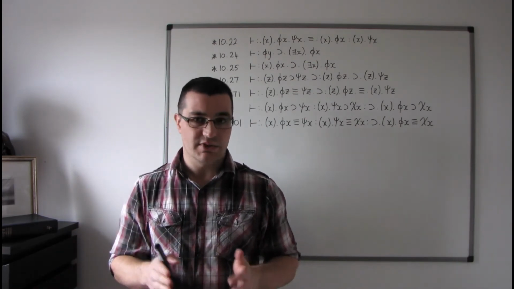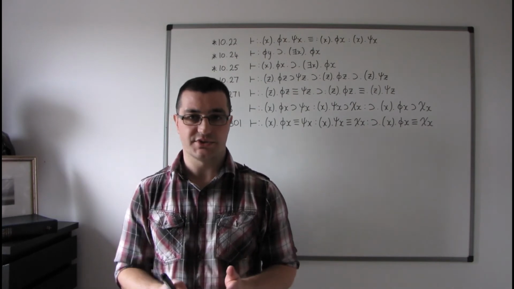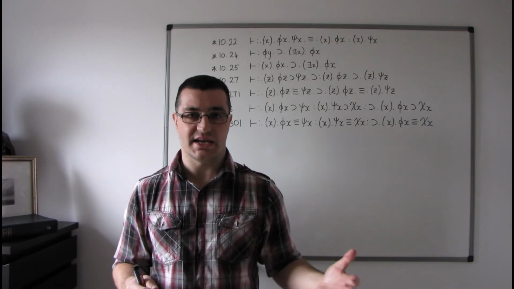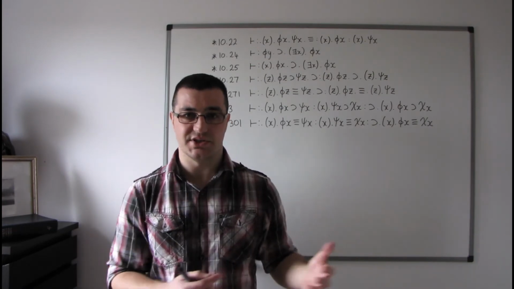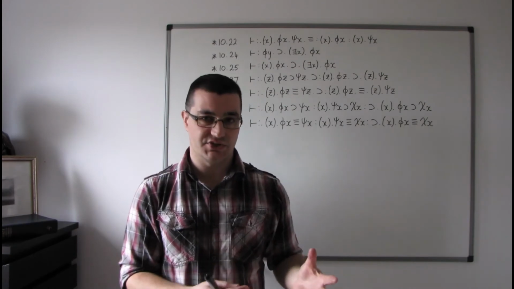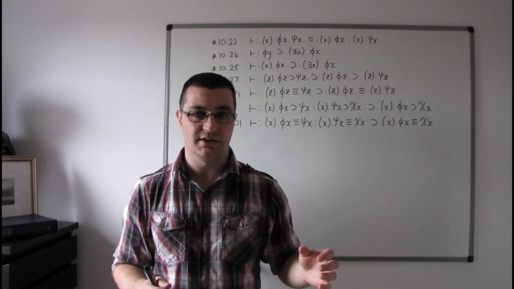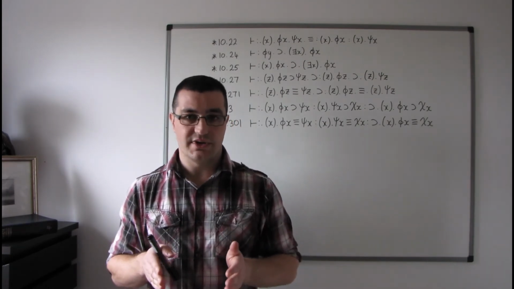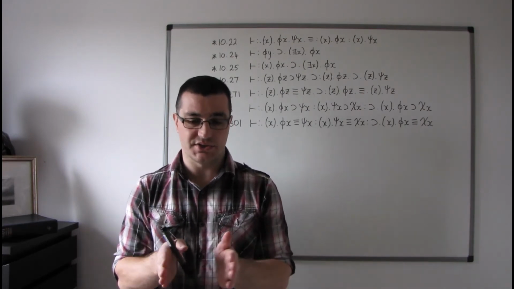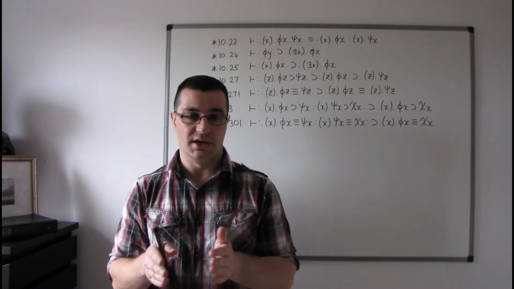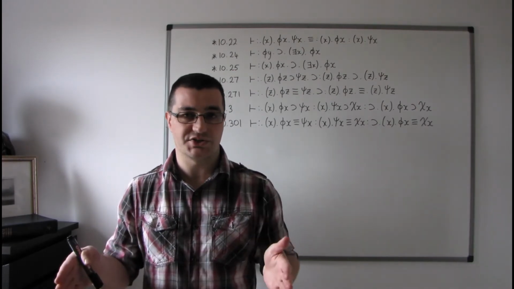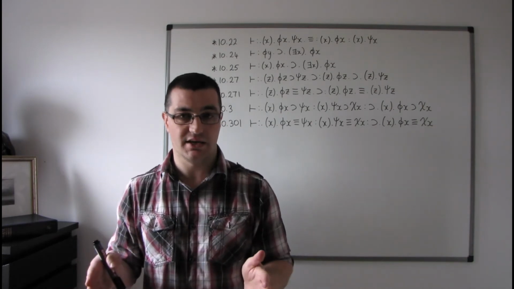We see this happening quite often as we go through section 10. What this is showing is that we're not discarding the theory that we've developed in section 9. We're not saying that the approach in section 10 is superior to that of section 9 and that we discard section 9. We allow the two approaches to run alongside each other in parallel. It's just that from time to time, the propositions might need to be proved in slightly different ways, depending on which approach we feel we're going to take.